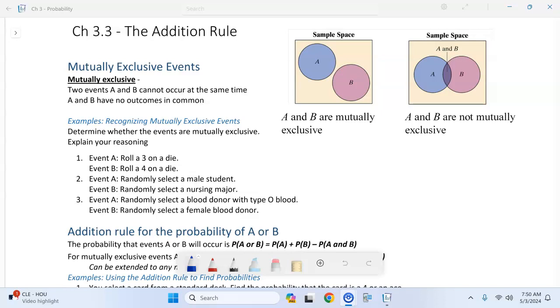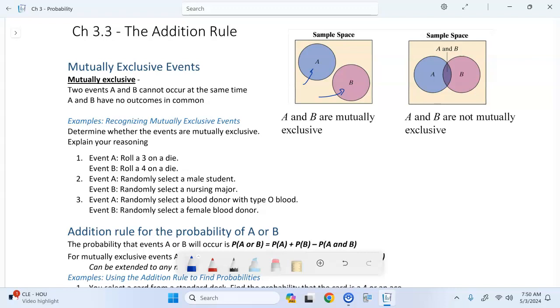So the sample spaces that are drawn give an example of mutually exclusive versus not mutually exclusive. We have two different events with two separate sets of outcomes, and there's no overlap. They are mutually exclusive events.